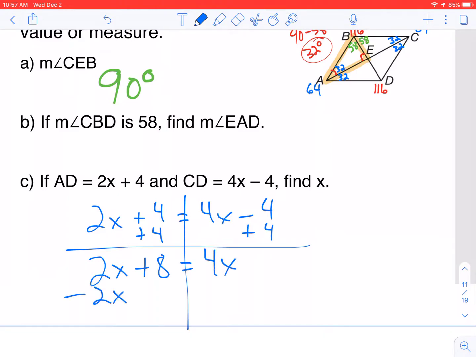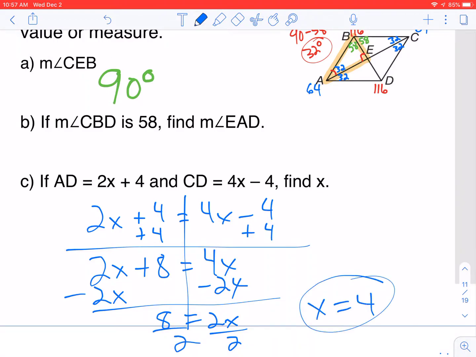Minus 2x, minus 2x. I get 8 equals 2x. Divide both sides by 2. X equals 4. Put the answer there, 32.